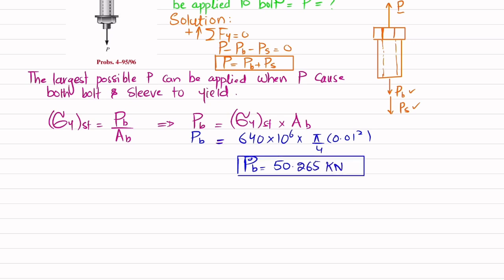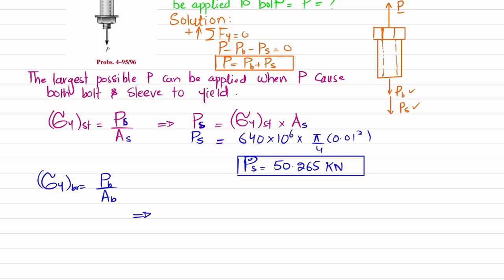Now we'll find the PS of sleeve. So we have yield strength for bronze that will be equal to P of bronze divided by area of bronze, and similarly this will be AS, area of steel. Oh, sorry, this is P of steel, PS, because this is the load taken by the steel. So kindly make this correction.